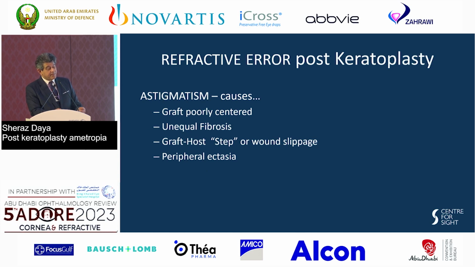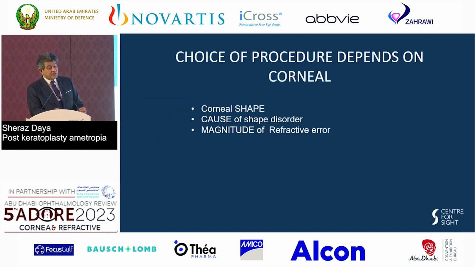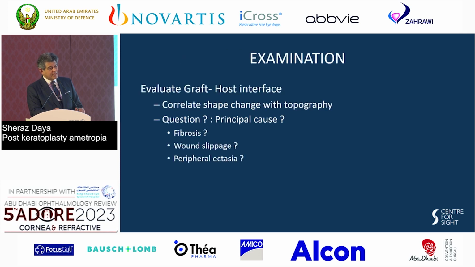When approaching these patients, you need to find out what the cause of the astigmatism is, and that determines the approach. If it's a poorly centered graft, well, that can be a big issue. If there's unequal fibrosis, well, you could address that. If you have a step in the wound, that could be a disaster if you choose the wrong procedure. And it really depends on the corneal shape, the cause of the shape disorder, and the magnitude of the refractive error.